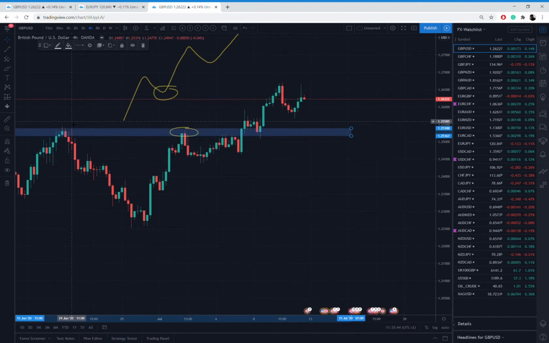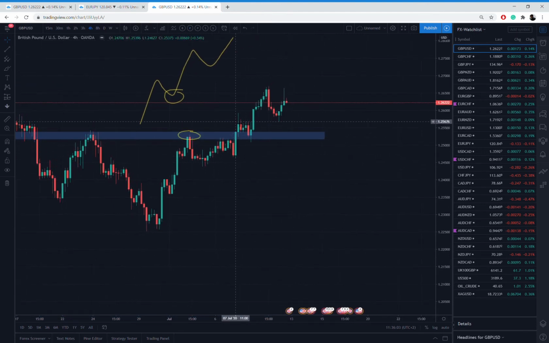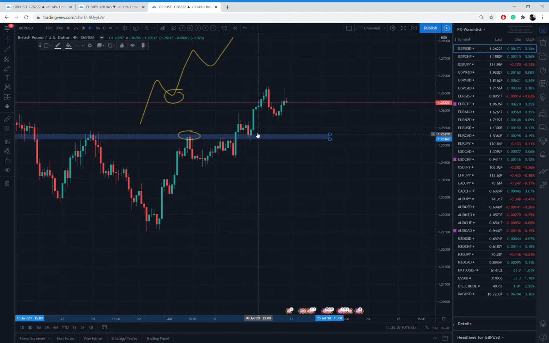You can also look on the left side and see if it makes sense. Yes, it makes total sense. This market structure is tested here twice, and this is the third time. Now it broke out of this structure, and what did it do? It retested it here again.